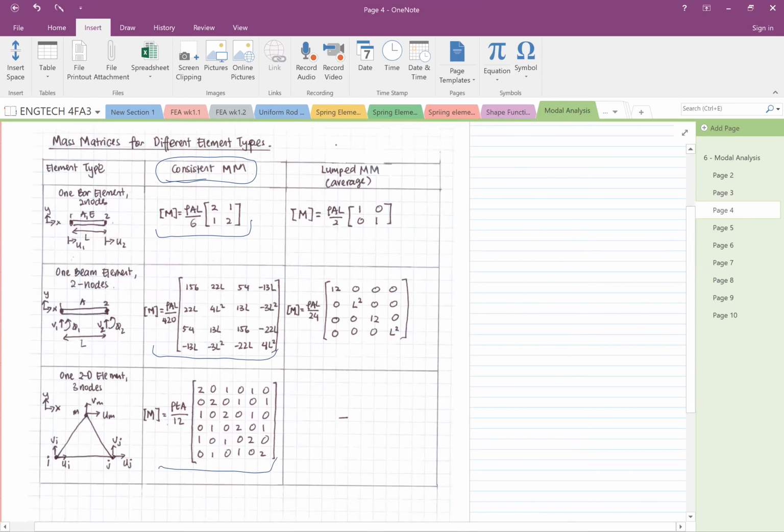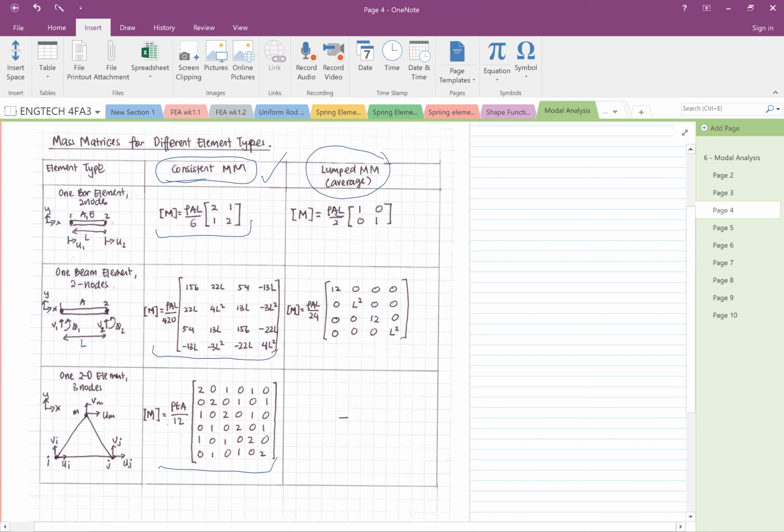Please note, there are two columns here. This one is the consistent mass matrix. That one is called the lumped mass matrix. Try not to use it because it's not quite realistic. Basically, I look at density times area times L. A times L is a volume.